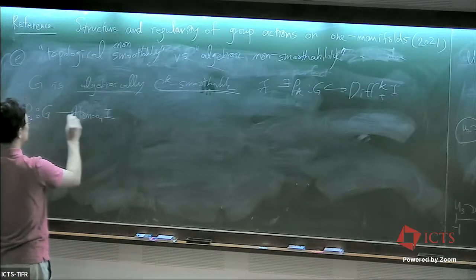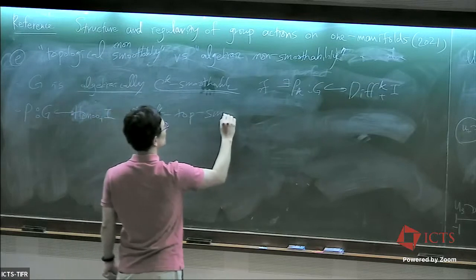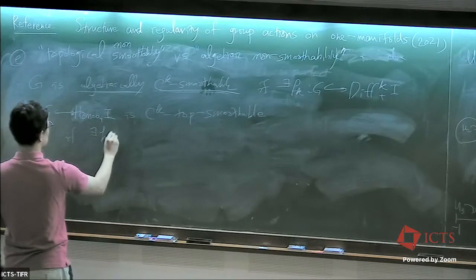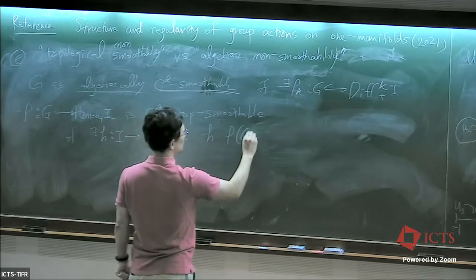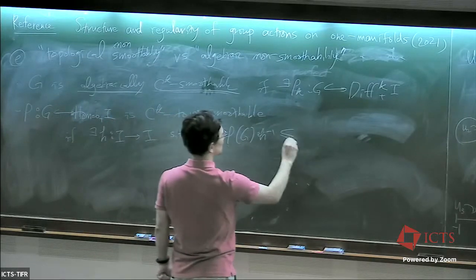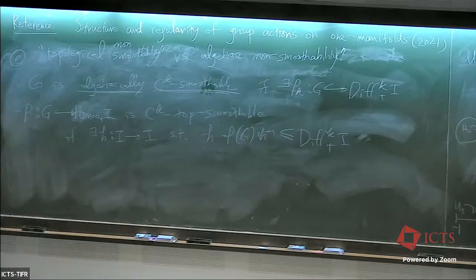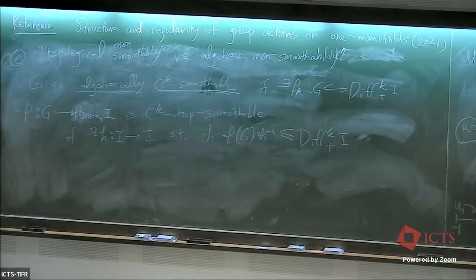So the embedding is given. G is C^K topologically smoothable if there is a homeomorphism H such that H rho(G) H inverse is inside Diff^K of the interval. Topological smoothability means you already have an embedding and you want to upgrade the embedding by basically renaming the points of the interval, or conjugating.